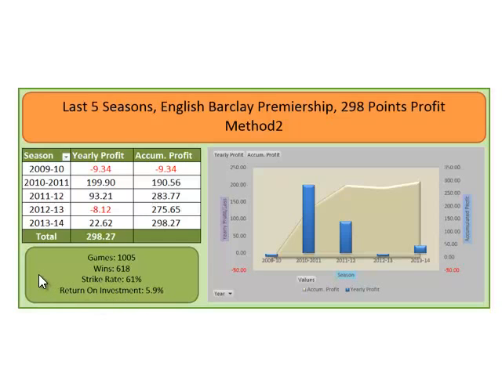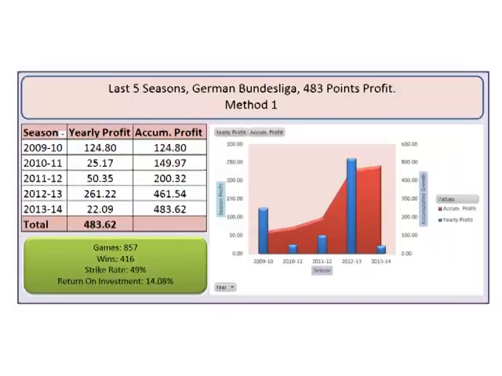So we can see a couple of negative lines there, but we lost 50 points in Method 1, and we've only lost about 9 points in that season using Method 2. So depending on what sort of punter you are, one method will apply better than another for you. Let's move on to the German league.